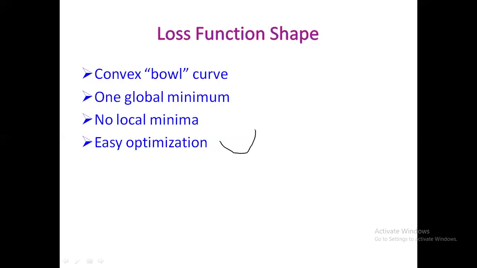The MSE loss function forms a smooth bowl-shaped surface known as convex. This shape has a global minimum, which corresponds to the best possible values of m and b for the model. Because there are no local minima, optimization algorithms like gradient descent can easily find the lowest point without getting stuck. This convex shape makes linear regression stable and efficient to train.